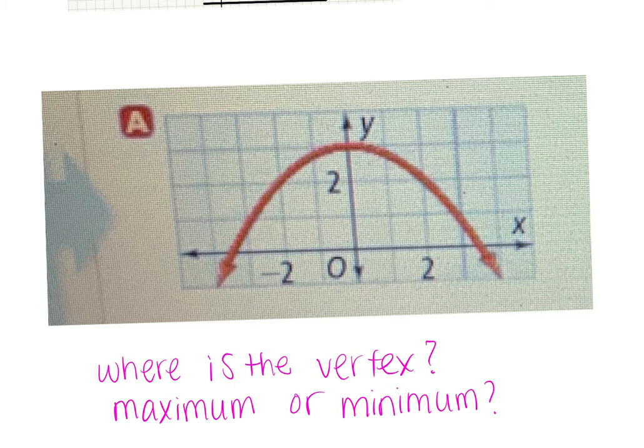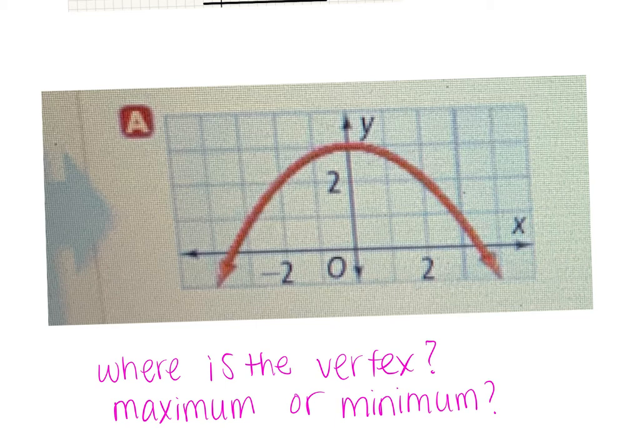That's where our graph changes direction. Alan? Nicole? Is the vertex the 0, 1? Ooh, close. This would be 0, comma 1.